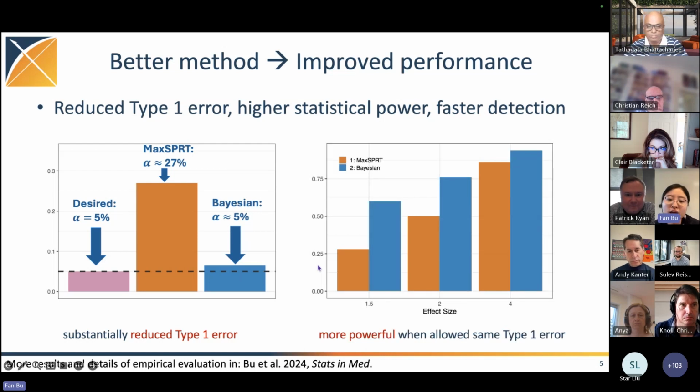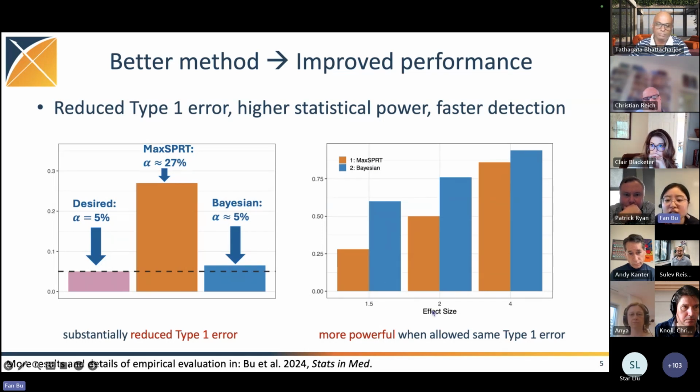On the other hand, we actually offer more statistical power in detecting a true positive signal. If the same amount of type 1 error rate is allowed between the standard approach and our approach, we're actually able to offer much more power in figuring out if some signal is an actual safety signal.